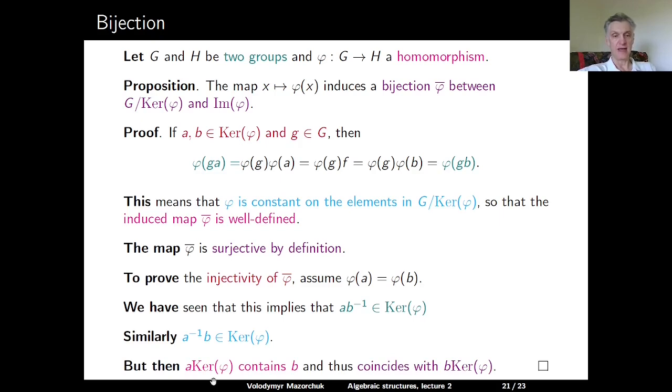But then A times the kernel of phi contains B, because A times A inverse B is B. And thus it coincides with B times the kernel of phi. So if two cosets have a common element, they coincide. So this means that phi overlined maps different cosets to different elements in the image, which means that phi overlined is indeed injective. So it's surjective and injective, so it is bijective.